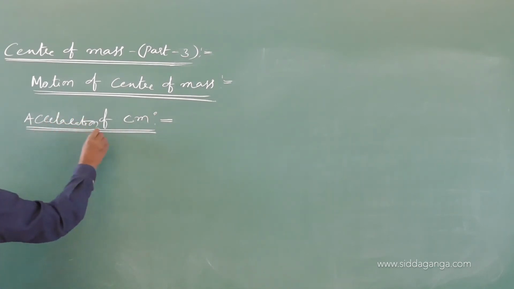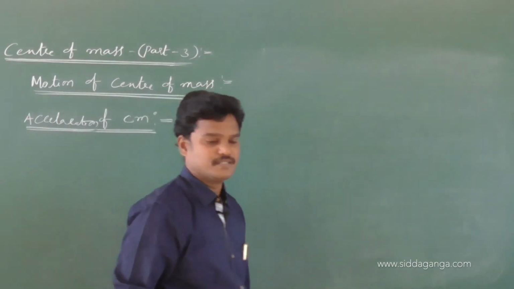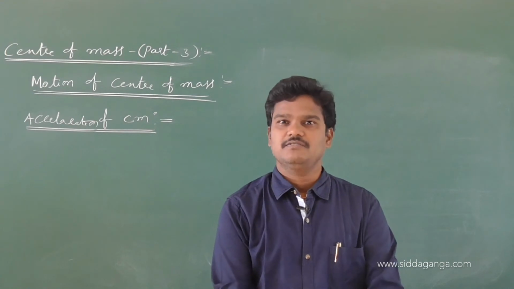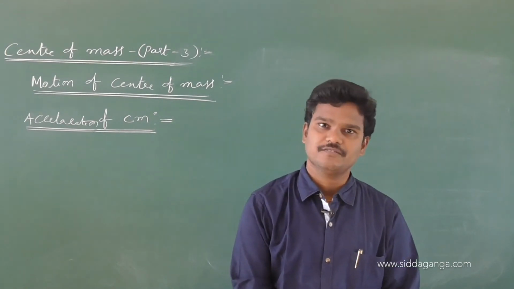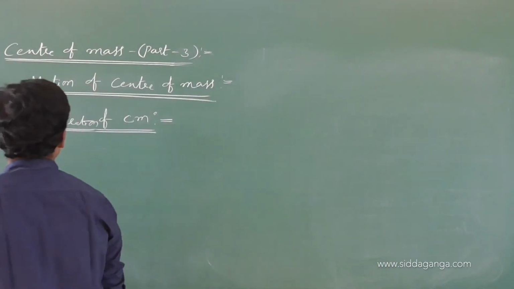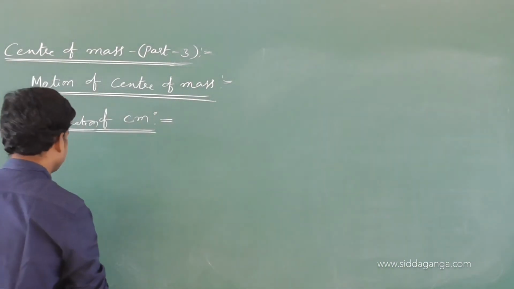So, the acceleration of the center of mass. To get the acceleration, just by using velocity we get acceleration directly, because the rate of change of velocity is nothing but acceleration. Now let us get the equation for the acceleration of the center of mass.